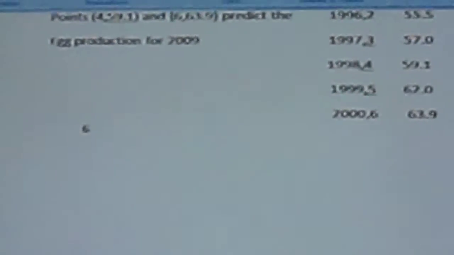Now to solve this problem, we'll take the points that were given to us. This will be our top coordinate, or our y coordinate. We'll subtract 59.1 from 63.9, and that equals 4.8.